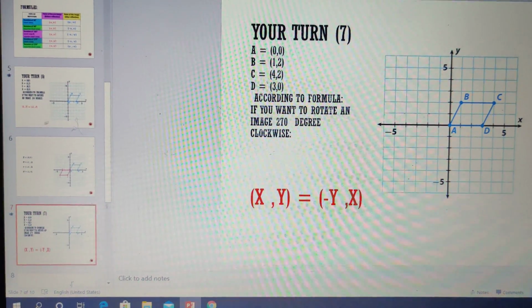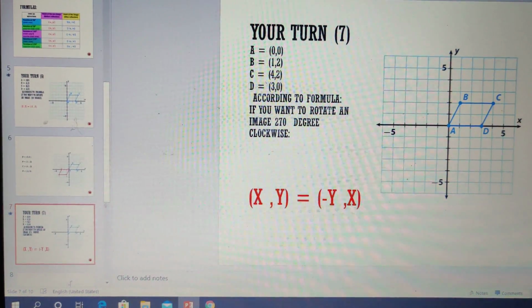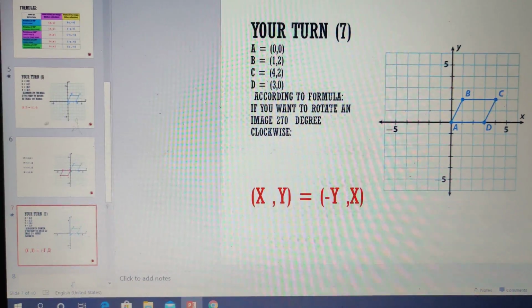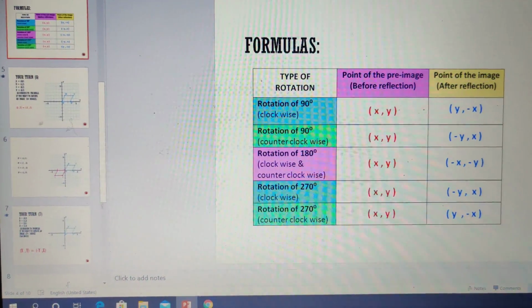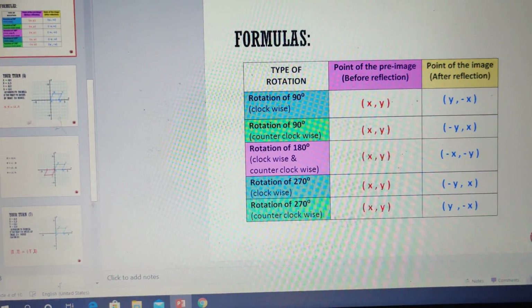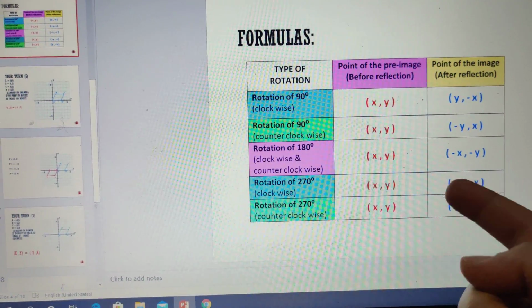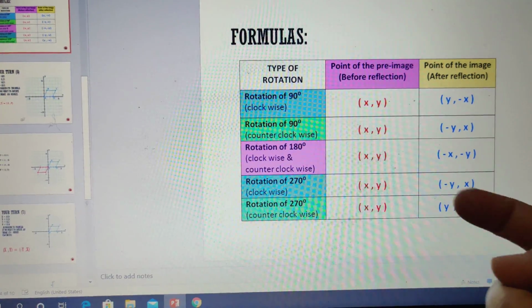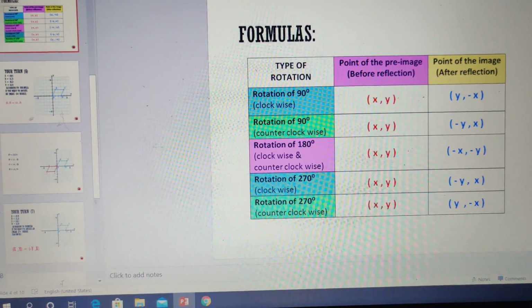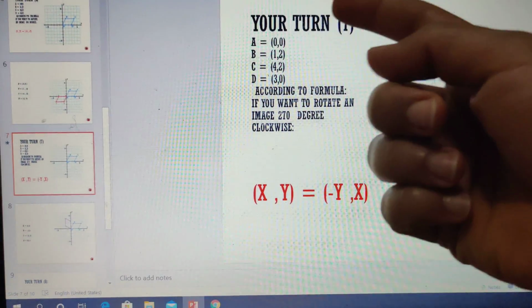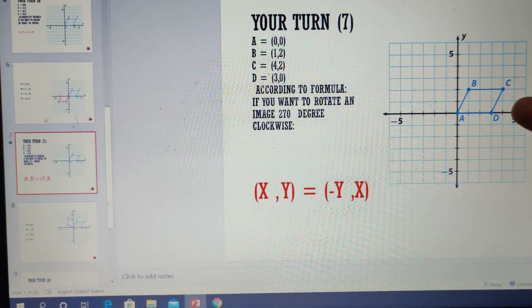Here in the same image we have to rotate it 270 degrees clockwise. From the formula, we know that if we want to rotate the image 270 degrees, then the x and y coordinates' places will first be switched and y will be negative. According to this formula we will switch. For the x and y coordinates, first write the coordinates of the image.